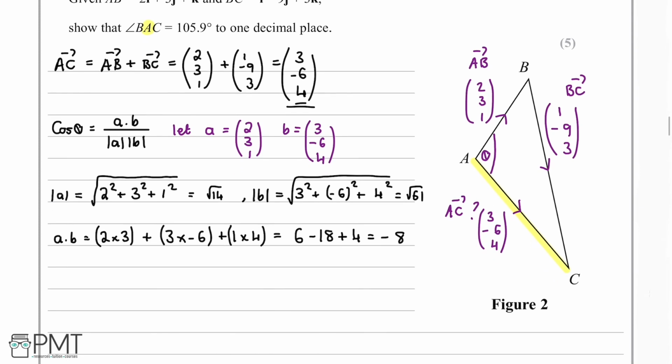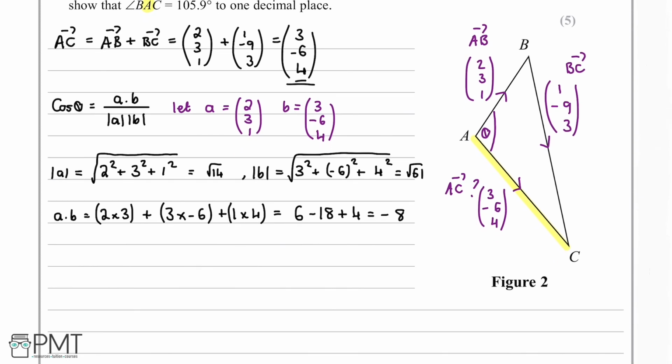Now we have all the values that we need, so we can make use of our formula. For completeness, I'm going to highlight all the values we're going to use: negative 8, which is the dot product of a and b, and then the magnitude of a and the magnitude of b.